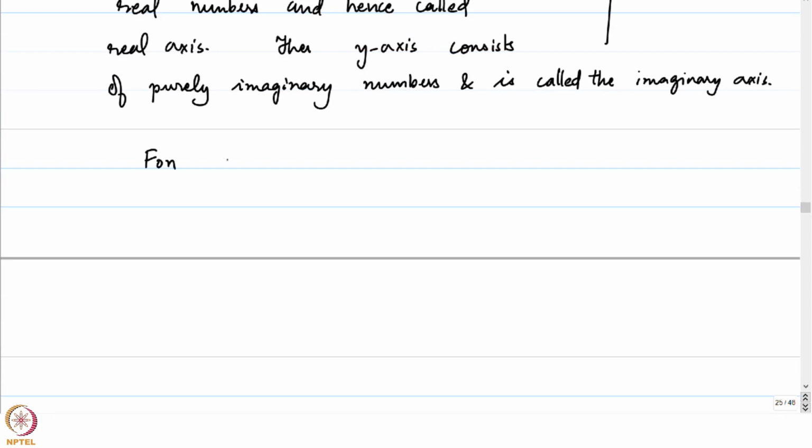For n a non-negative integer, by convention, z to the power 0 is defined to be the unit element 1.